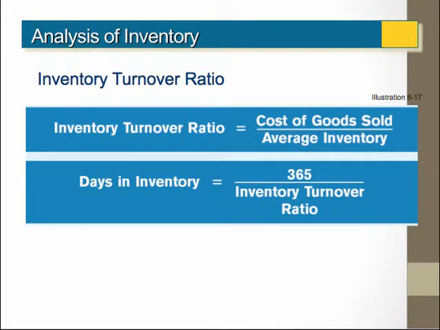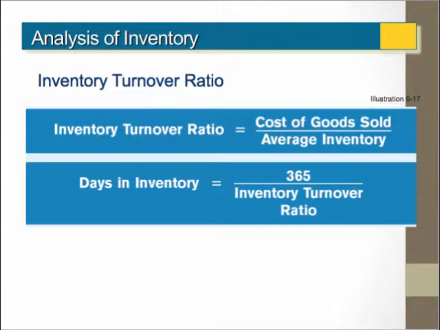So one of the things that we should look at in inventory is ratios. We take a look at two ratios here, the inventory turnover ratio and the days in inventory ratio. You may have heard the term turnover before. If you've worked in the restaurant industry, restaurants can determine their profitability by the number of times a table turns over in an evening.